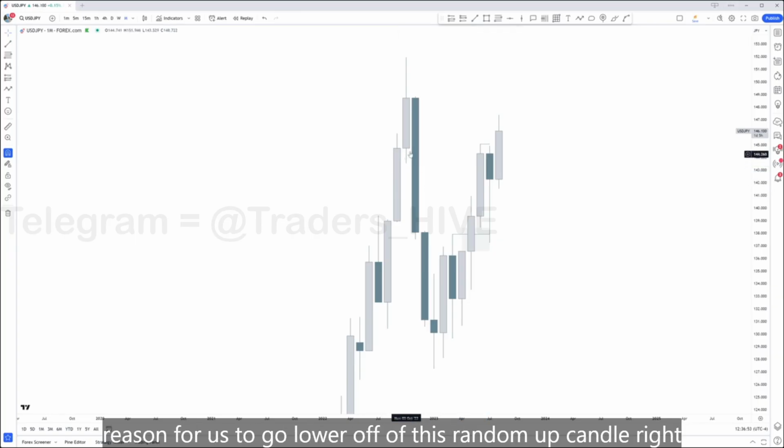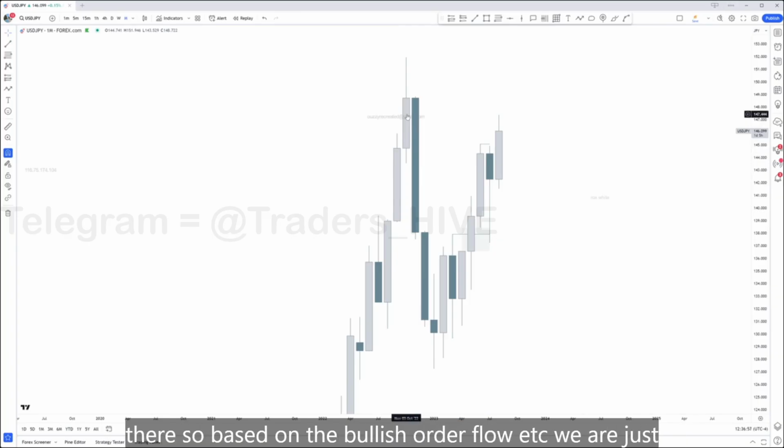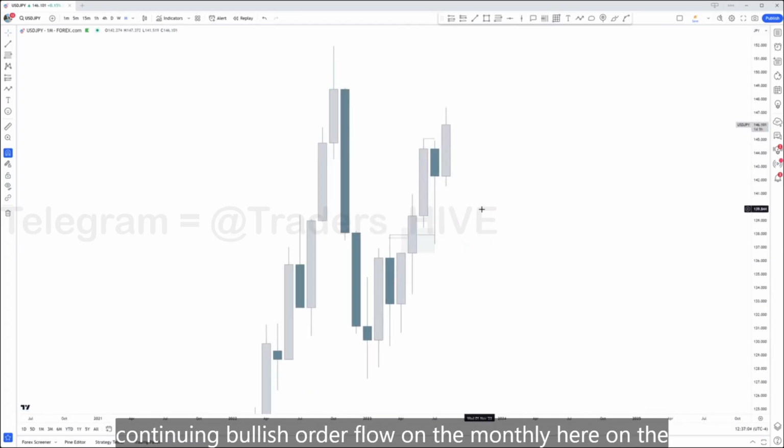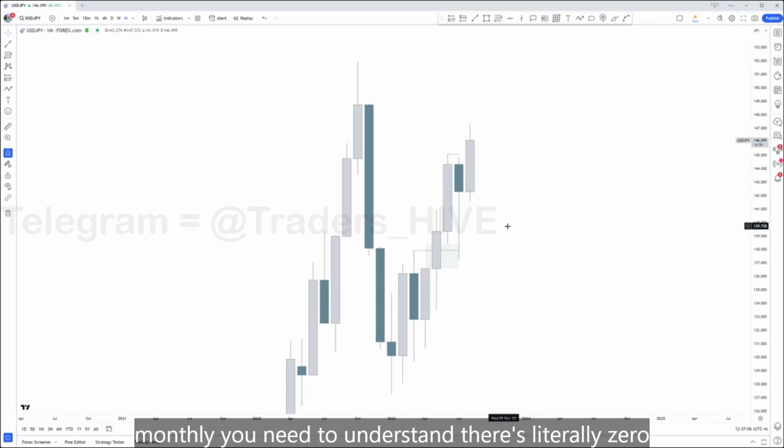There's no reason for us to go lower off of this random up candle. Based on the bullish order flow, we are just continuing bullish order flow on the monthly. Here on the monthly, you need to understand there are literally zero bearish arguments. Not one of them.